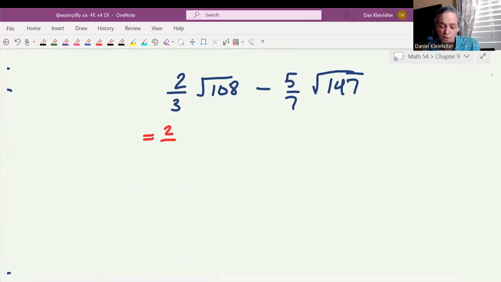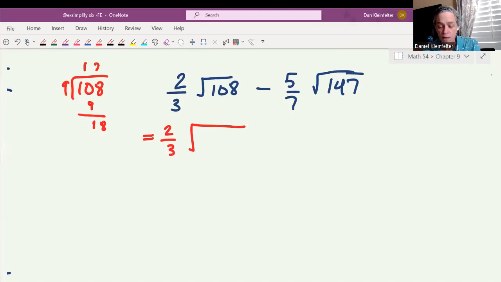Okay, 2/3 square root of 108. 108 is divisible by 9 at least. So let's go ahead and divide through by 9. That's going to give us 12, right? So 108 is 9 times 12. So 12 has another perfect square as a factor, but we'll do it step by step.